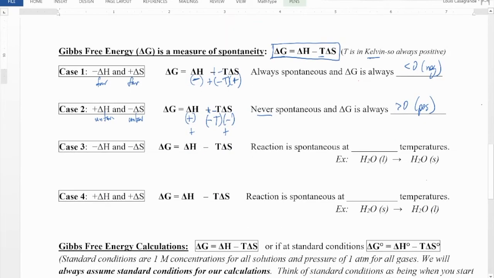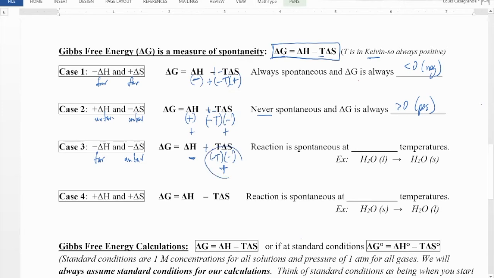All right, case number 3, as I indicated, we have a favorable delta H and an unfavorable delta S. And so the favorable delta H is negative, which is good. But then let's put a plus there and a minus. And so we have minus T. So the T is always getting a negative sign and a negative delta S. This becomes a positive.